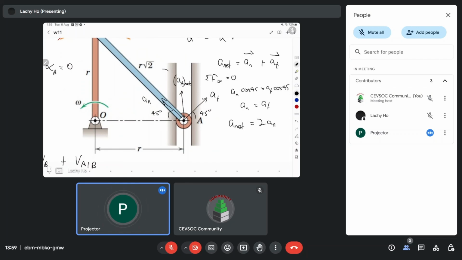So the sum of the acceleration in the x direction has to be equal to 0, because it can't accelerate to the left or right. It has to go straight up. So these two end up equating to each other because their horizontal components are equal. That means their whole components have to be equal, just in different directions.